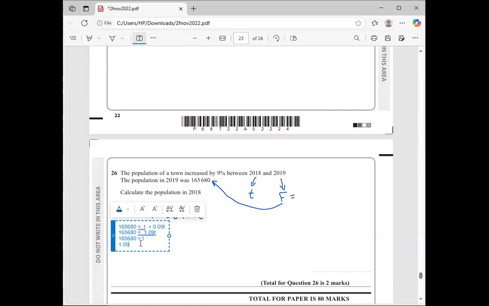Don't worry, I'm going to draw a line in between these. So that's what it's going to be. You can use your calculator to help you. 165,680 divided by 1.09. What would that give you?